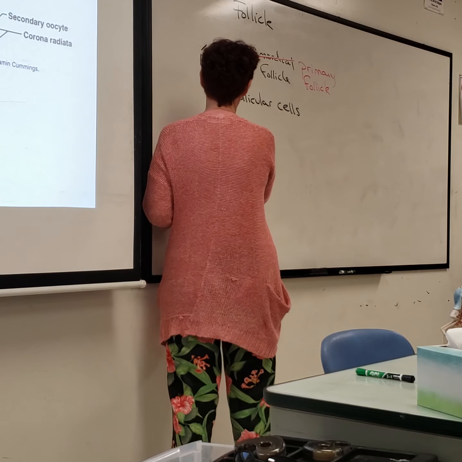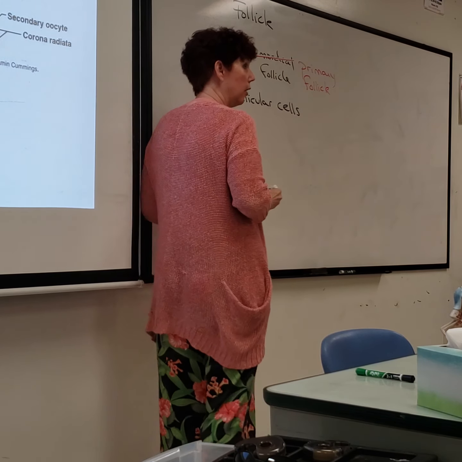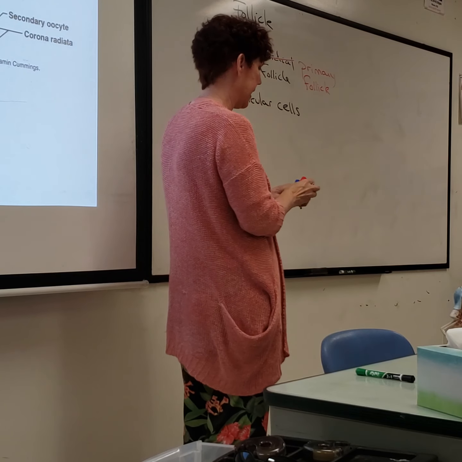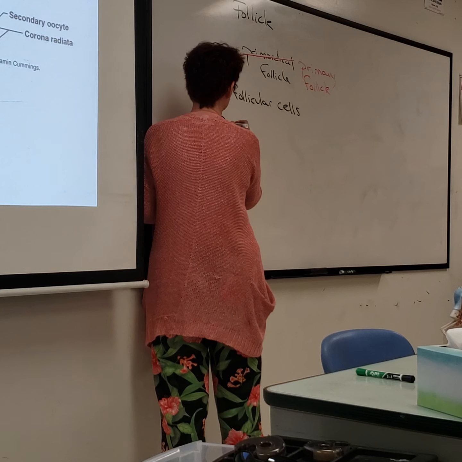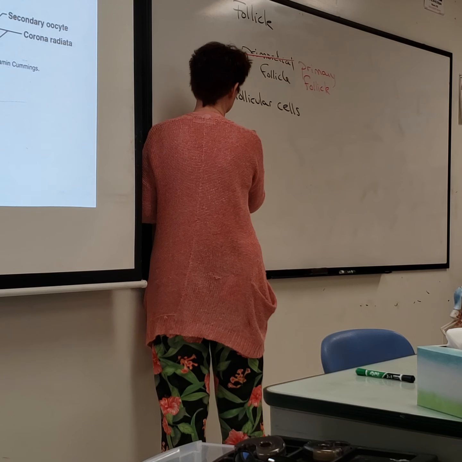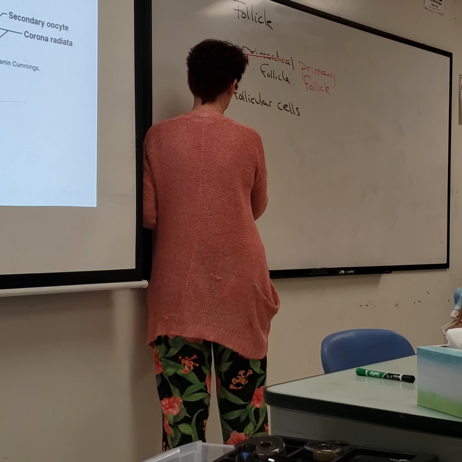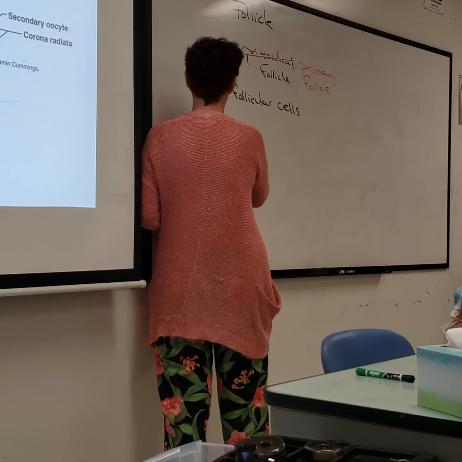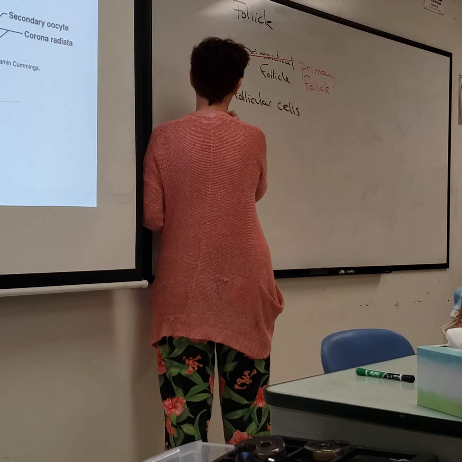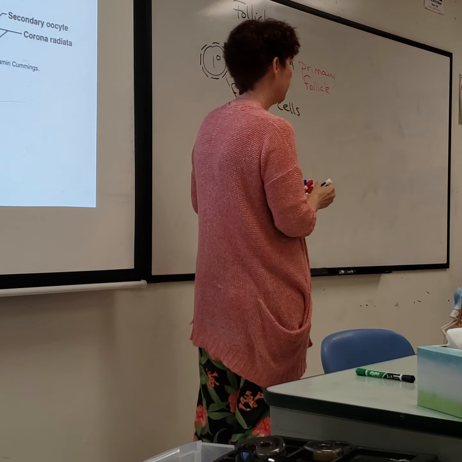So several of these follicles, under the influence of FSH, still containing primary oocytes, will develop a single layer of cuboidal cells. And then more cuboidal cells.